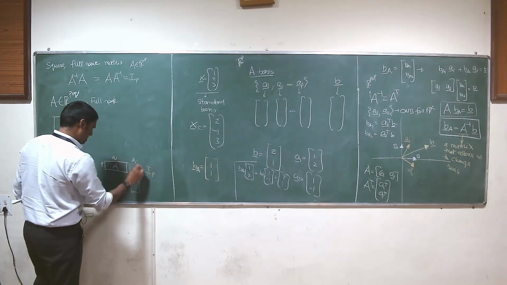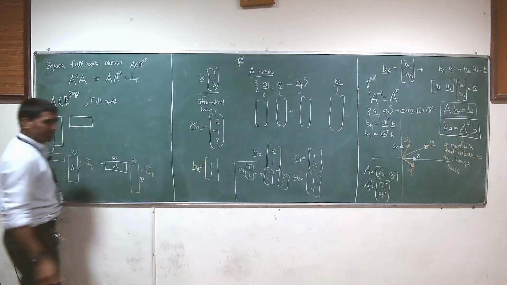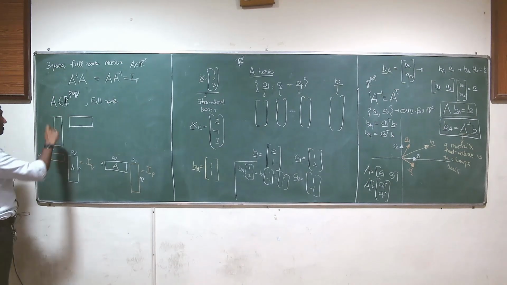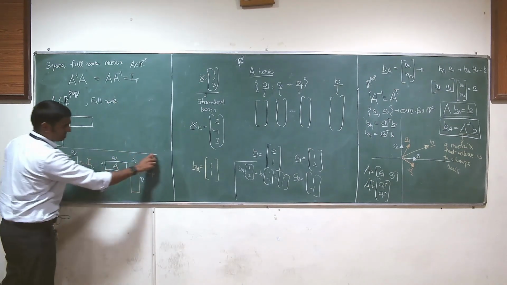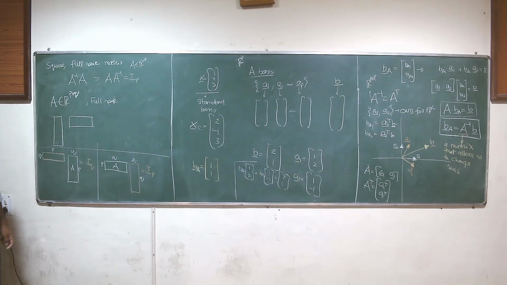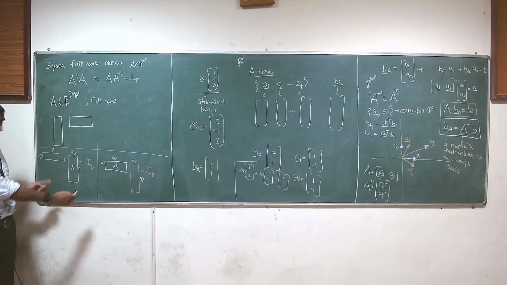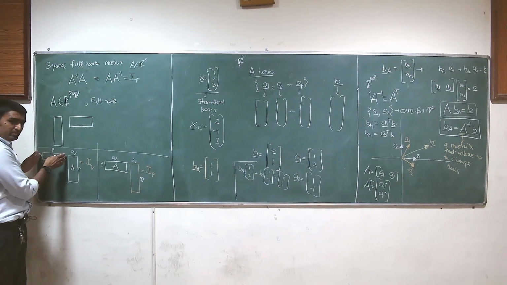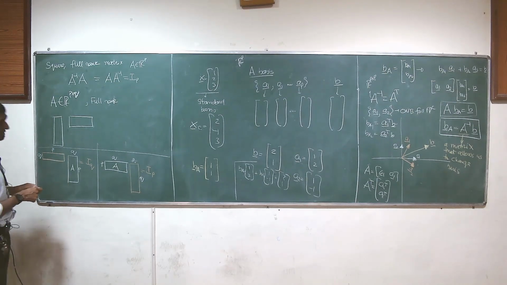Yeah, that's fine. Okay. So if you have tall matrices, these two are possible. Okay. And only these two are possible. So if you have a tall matrix, you cannot find a fat matrix. So what is not possible is this.